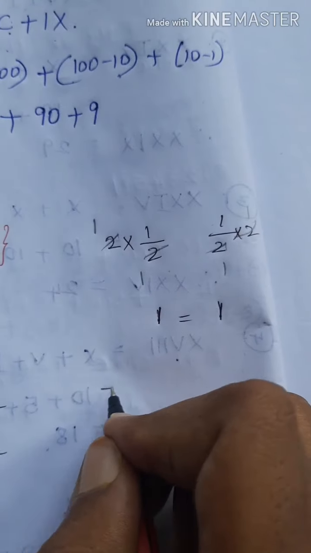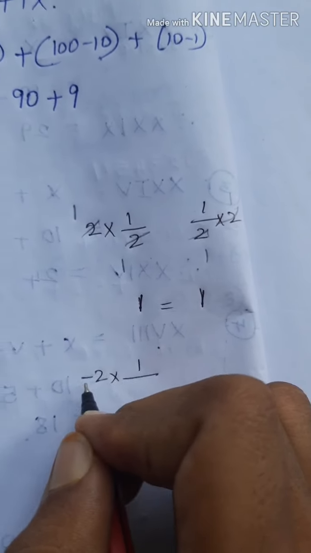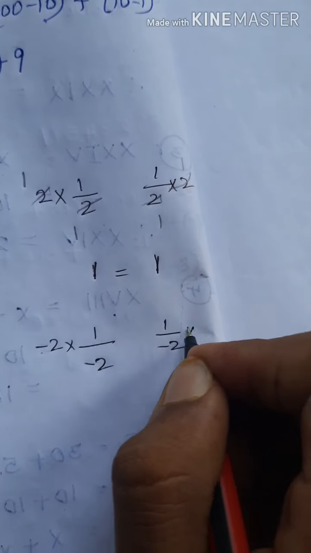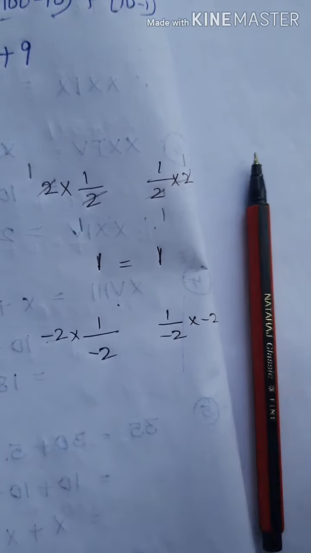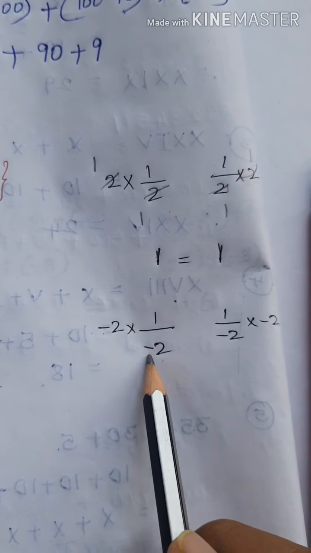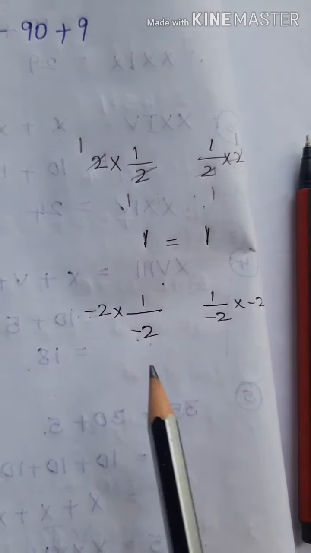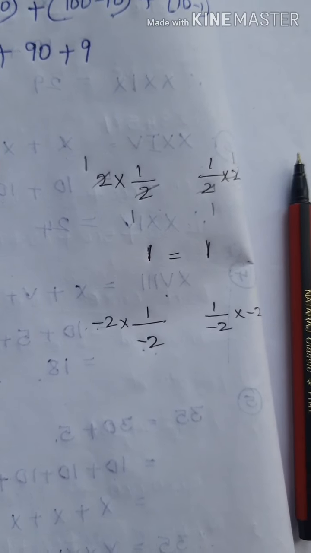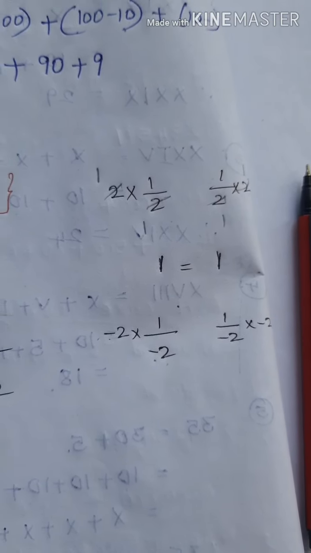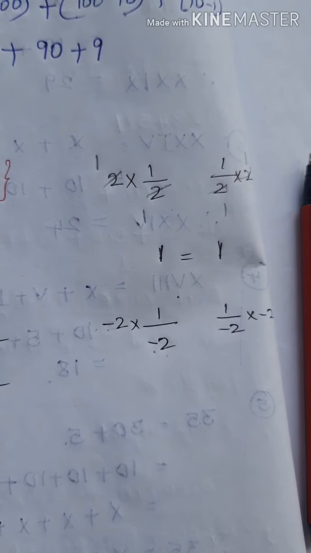You can take minus 2 into 1 by minus 2. Here also 1 by minus 2 into minus 2. Now, same. Minus, minus. At this time, think about the rules of multiplication. What are the rules of multiplication?